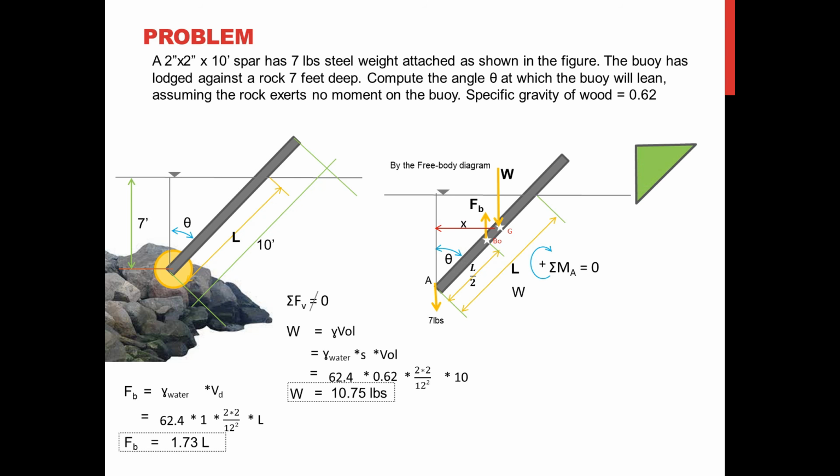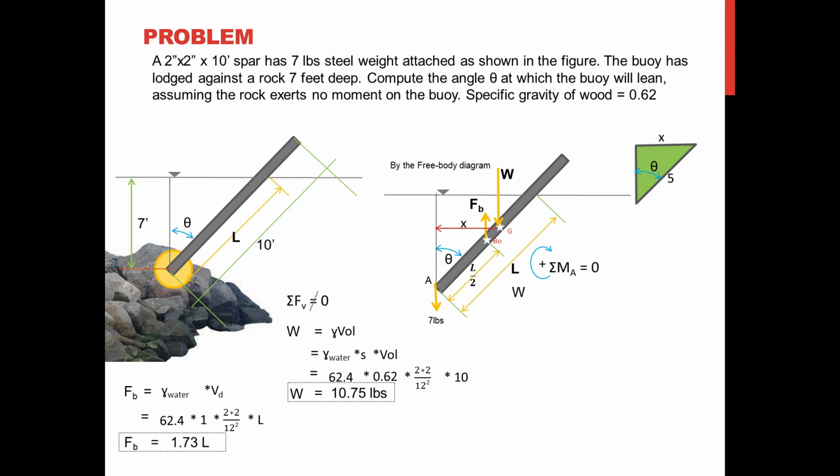We utilize the triangle formed out of it. So this is X with the corresponding angle, and the length of the triangle will be half of 10. Why half of 10? Because the reference of the weight is from the center of gravity, and the center of gravity is located mid-dimension of the total length, which is 10.